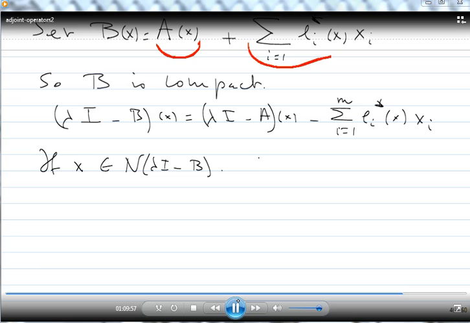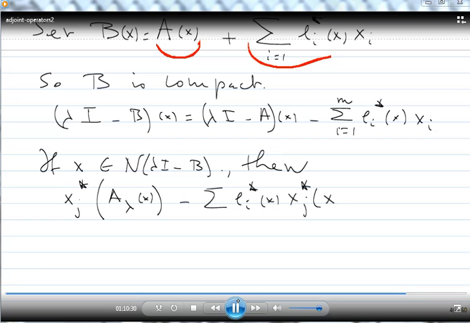Then we have xj star of lambda I minus A of x minus the sum of ei star of x times xj star of xi is equal to 0, because lambda I minus B of x equals 0. Then we get this, right? Great.